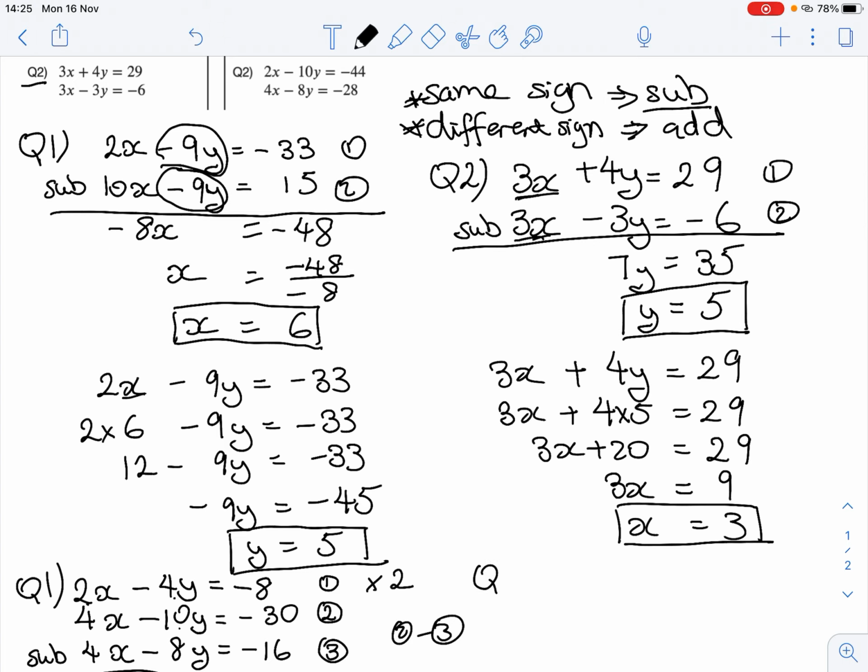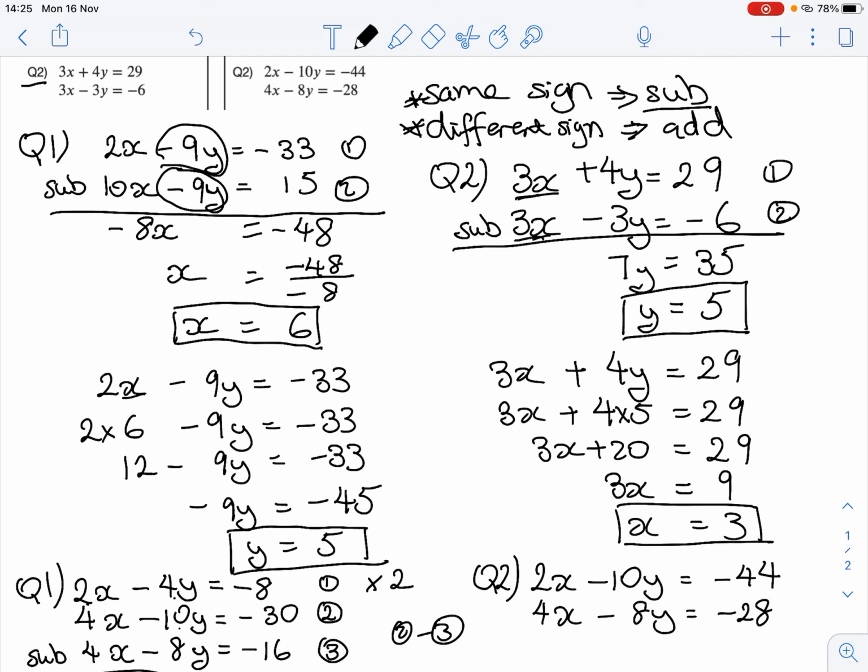Now let's look at question 2. We have 2x minus 10y equals minus 44, and 4x minus 8y equals minus 28. Similarly, we want to get rid of one variable.